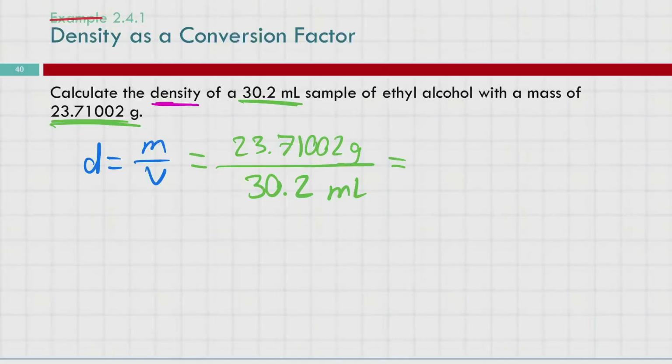Put that into our calculator, and we get 0.7851 with units of grams per milliliter. Questions?